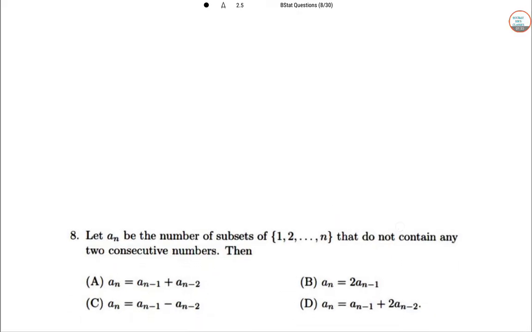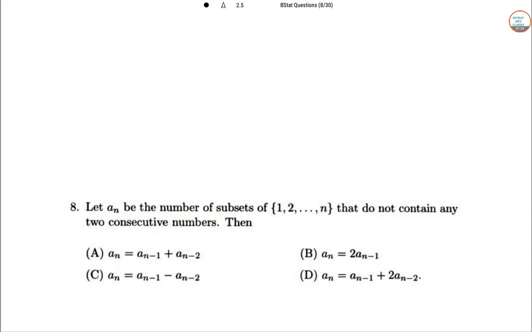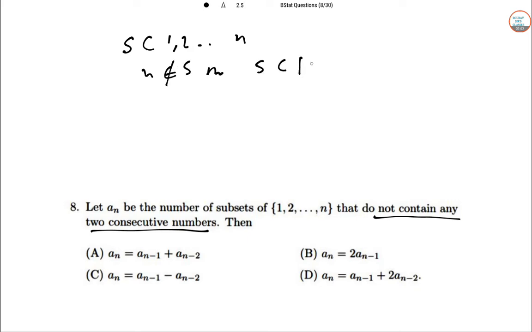Let n be the number of subsets of a given structure. We previously also discussed the subset formula. What they have given here is subsets that do not contain any two consecutive numbers. So let S be a subset of {1, 2, ..., n} that doesn't contain two consecutive numbers. If n does not belong to S, then S is a subset of {1, 2, ..., n minus 1}.